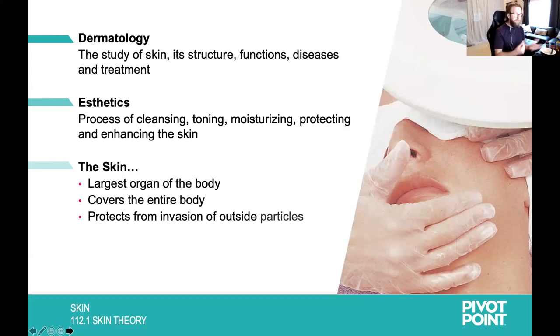Again, as mentioned, the skin itself is the largest organ of the body. It covers the entire body, the only really major external organ like that. Another important piece is that the skin helps protect from invasive particles and products outside of the body, all the way down to bacteria, viruses, and germs.